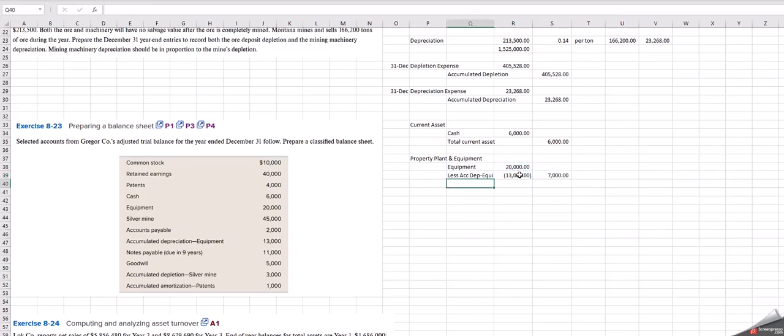Then we would have a silver mine. Our silver mine is $45,000, less the accumulated depletion of that silver mine of $3,000, and then we would carry that total over. Okay, and then those would total our plant assets. I don't see anything else, right? Silver mine and equipment.